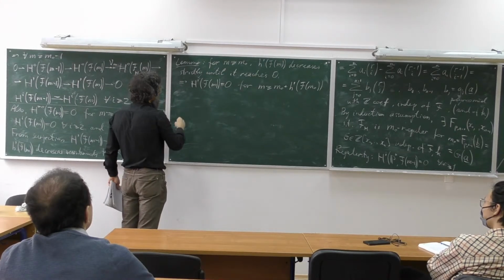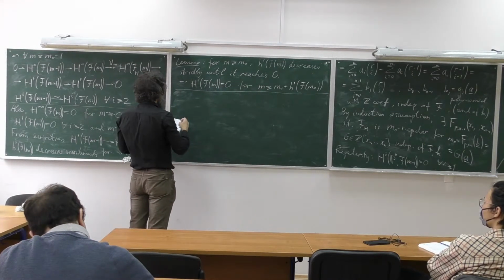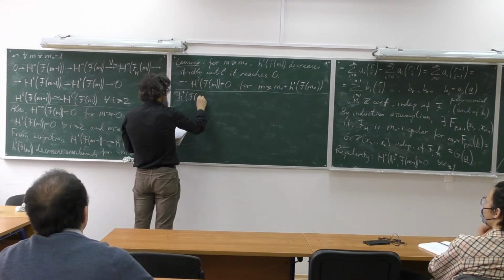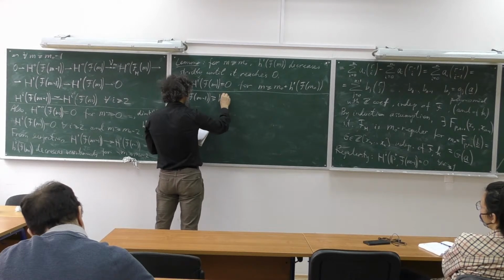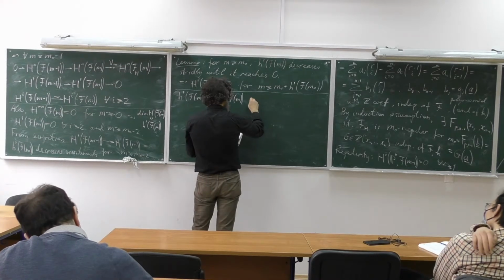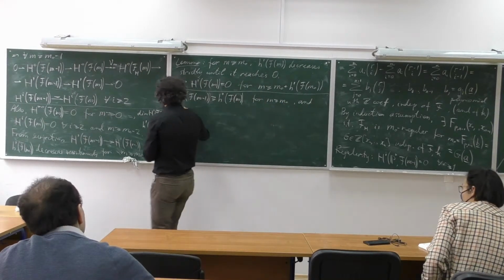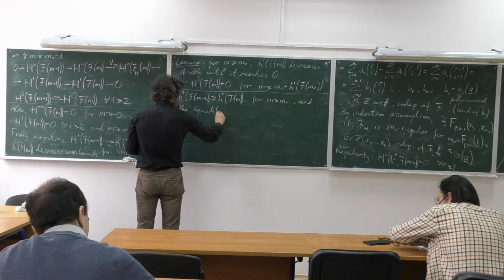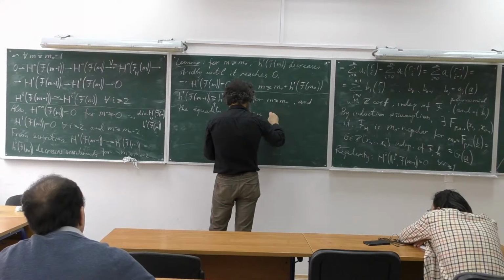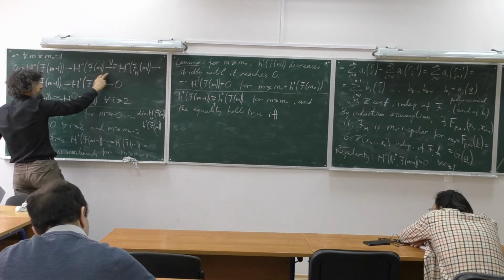So we'll do this, but I just want to say that this lemma is really useful. It's our decisive step towards victory. So, the proof of the lemma: we know that H1 of F(m-1) is not less than H1 of F(m), for m at least m0, and the equality holds true if and only if this map here is surjective, right?